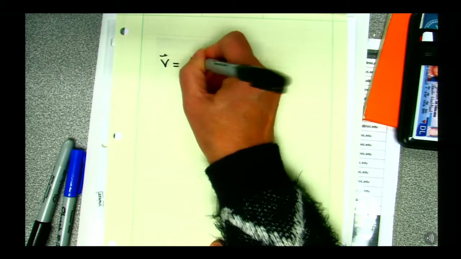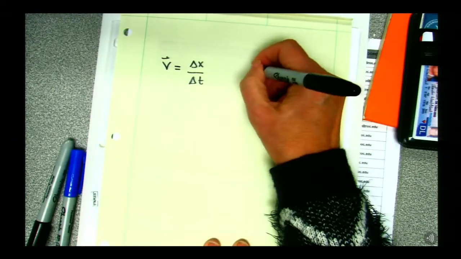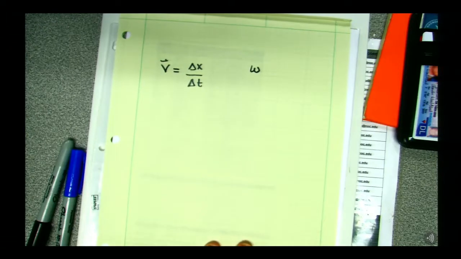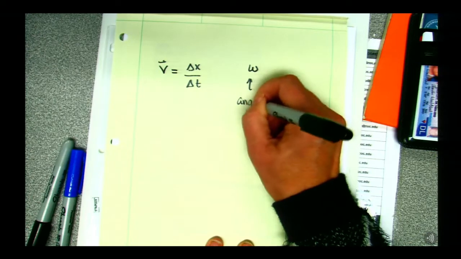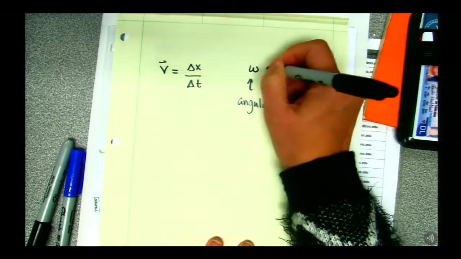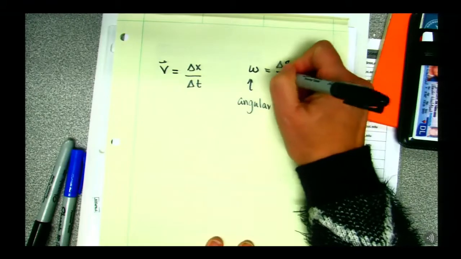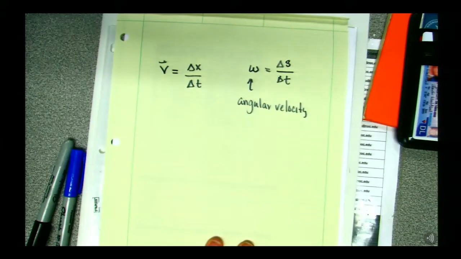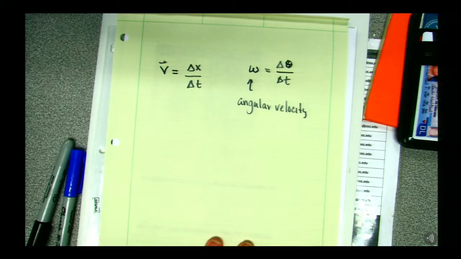And if I'm looking at what we talked about in one of the videos, angular velocity is going to equal my change in angle divided by my change in time. I'm getting ahead of myself. So my change in angle divided by my change in time is going to be my angular velocity.